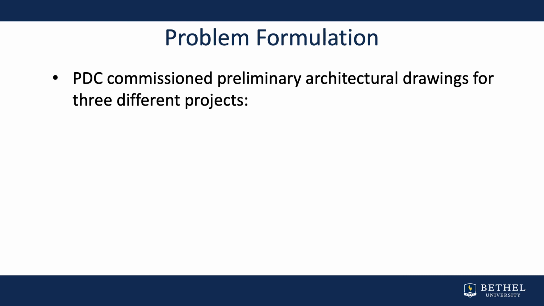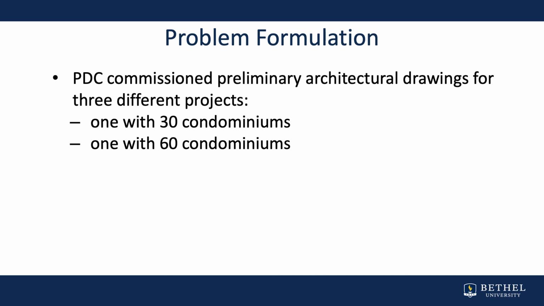Here's an example we want to use as we further get into decision analysis. PDC commissioned a preliminary architectural drawing for 3 different projects, one with 30 condominiums, one with 60 condominiums, and one with 90 condominiums.